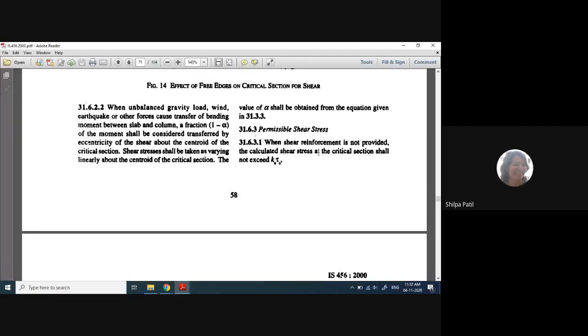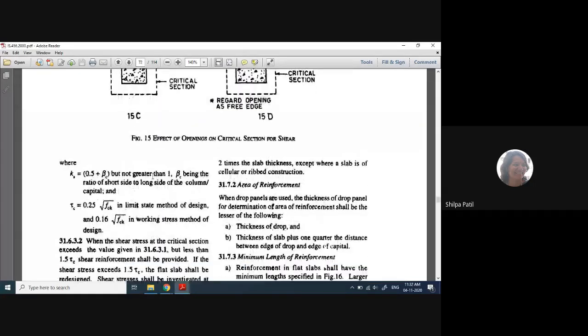So, permissible shear stress. When shear reinforcement is not provided, and we are not providing any separate shear reinforcement for footing, the calculated shear stress at the critical section shall not exceed Ks into tau C. Ks is given as 0.5 plus beta C, and this value should not be greater than 1.